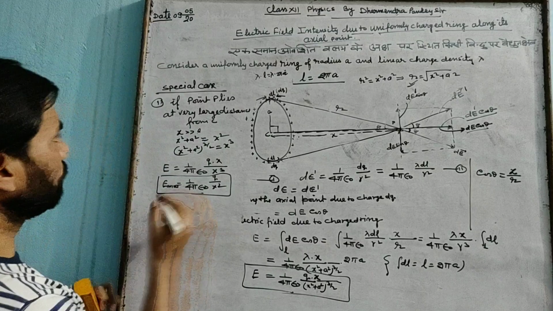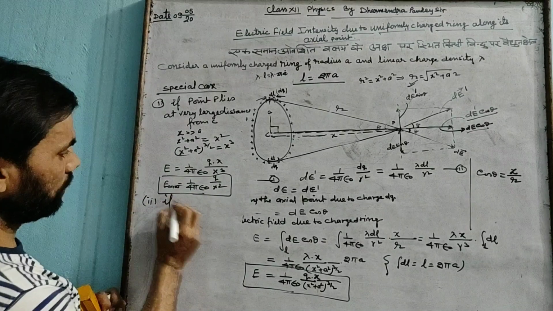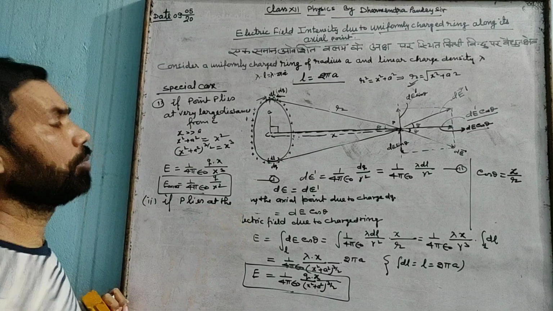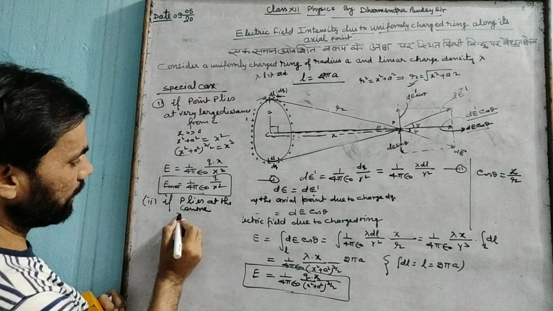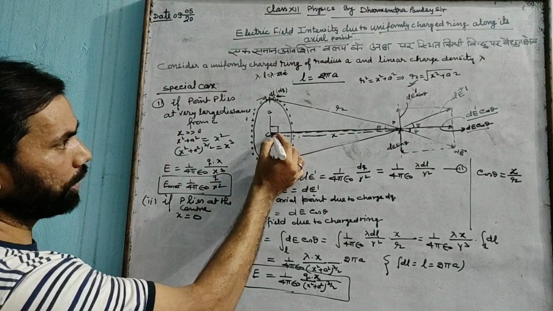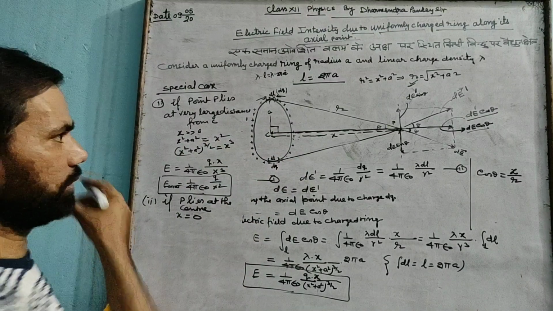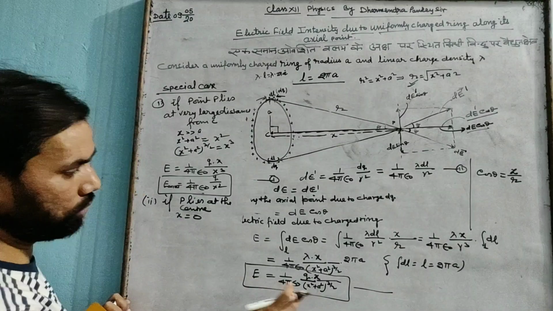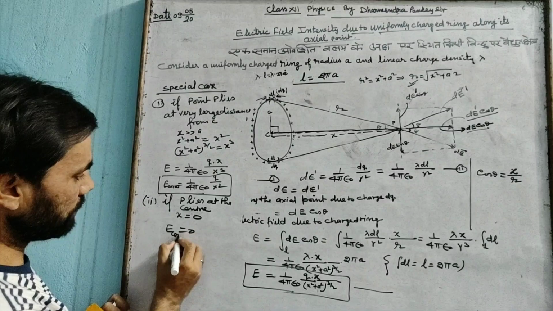Okay, so the second case is if P lies at the center, then what does it mean? x is equal to 0. If the point of observation is the center, then naturally x will be 0. So if we place this value here, then we will find E is equal to 0, E at center.